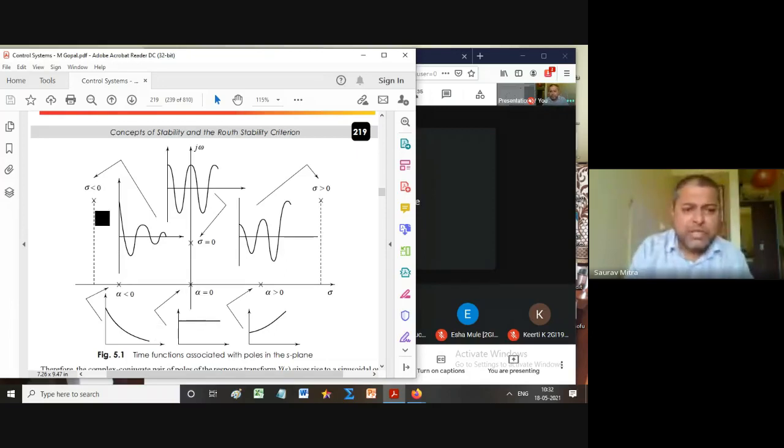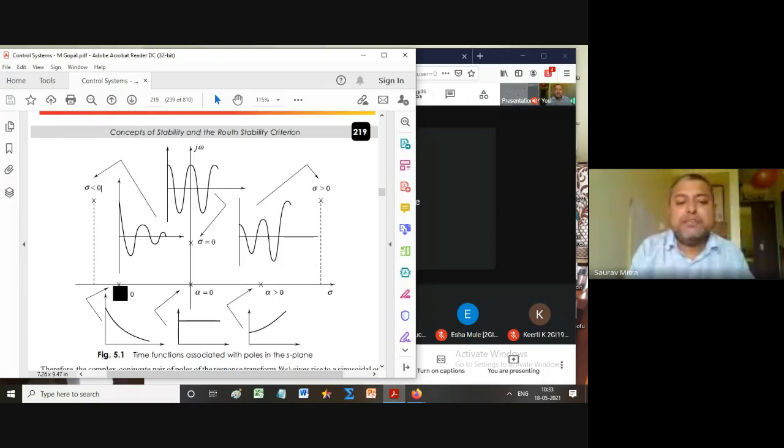Now in this diagram, you can find there is one pole here. One pole here means another pole is there at the bottom that they have not shown. But don't get confused, there cannot be a single imaginary pole. It may be minus 2 plus 2j omega. So it is minus 2, that means the sigma part, the real part is minus 2, the real part is negative, that means it's a stable pole, but it is in the y direction.